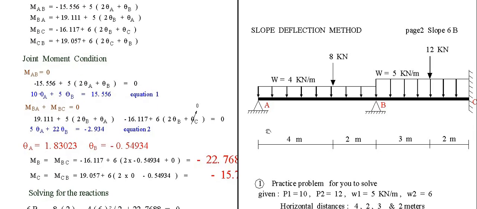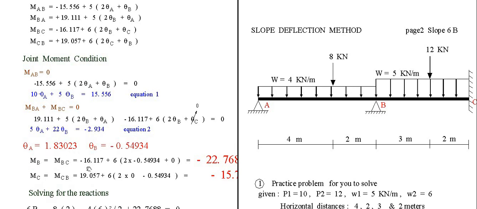Moment at B, BC, supposed to be negative here. We have a positive value here on the left. BC is the true moment of B. Okay, moment at B is actually equal to BC.